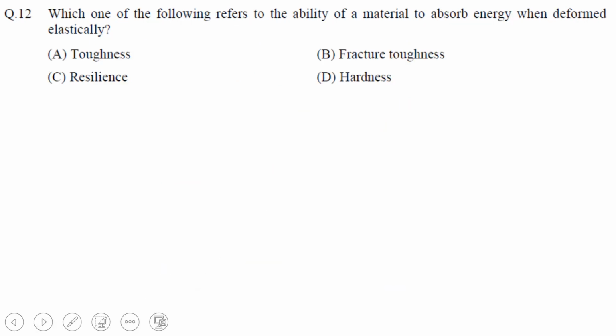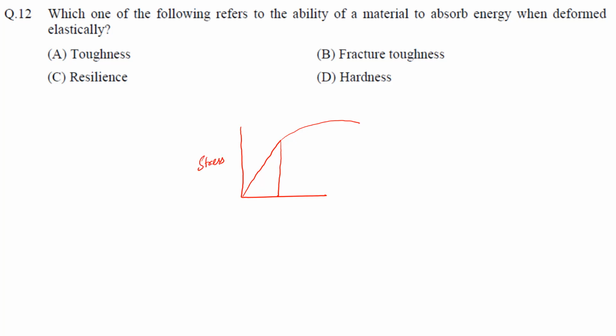Now let us proceed. Which one of the following refers to the ability of a material to absorb energy when deformed elastically? If you see a stress strain diagram, it somewhat looks like this. This is the elastic region. So it is asking about the energy when deformed elastically. Up to this elastic point, whatever the area under this curve is basically the absorbed energy, right?